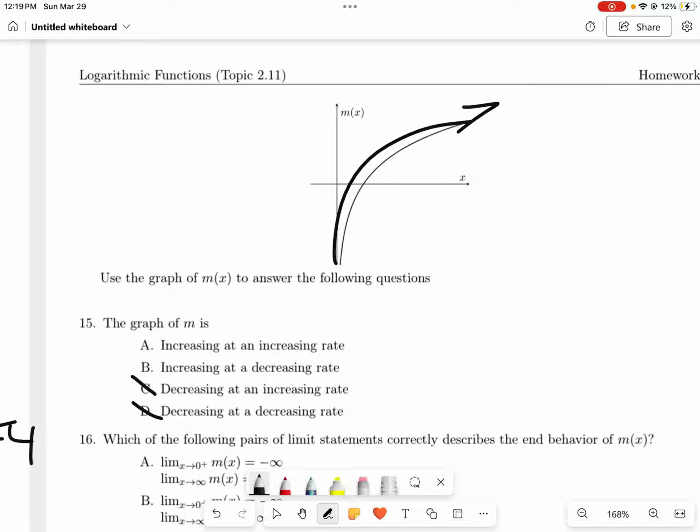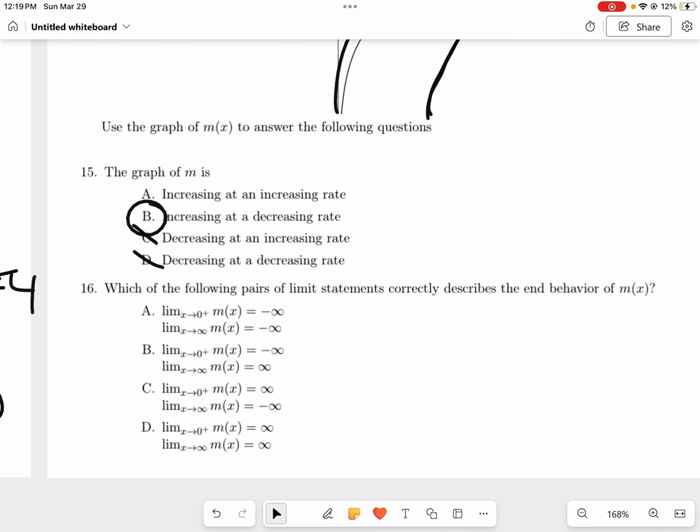Well, as you can see here, it's starting to slow down. It's starting to become negative. The second derivative is slowly getting near negative. So I think it's increasing at a decreasing rate. Now, I was confused on this part, but yeah, no, it's B, right? Okay, I used to be confused.